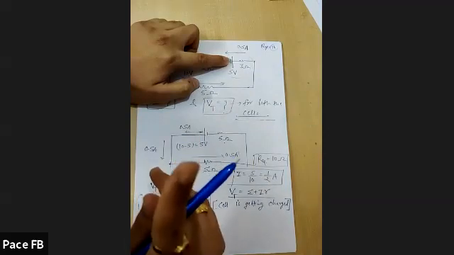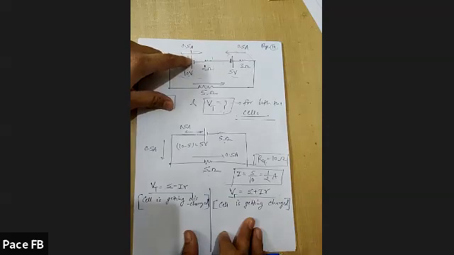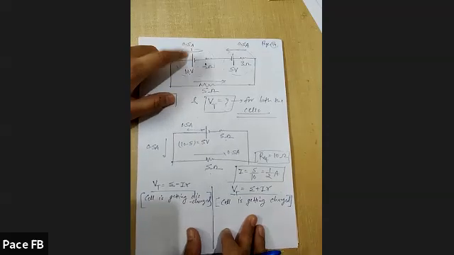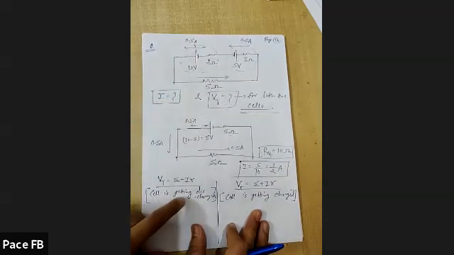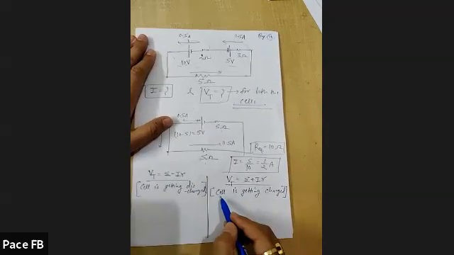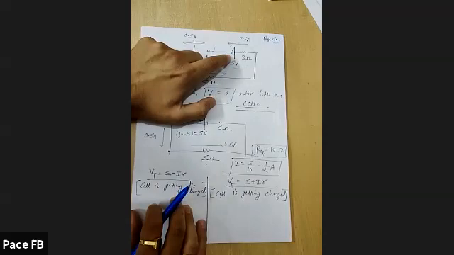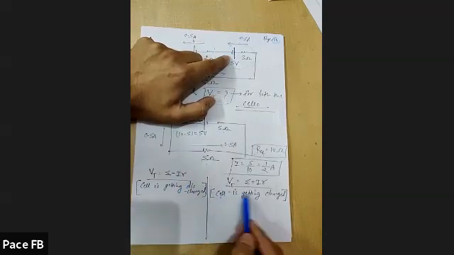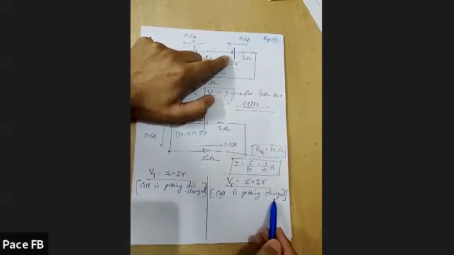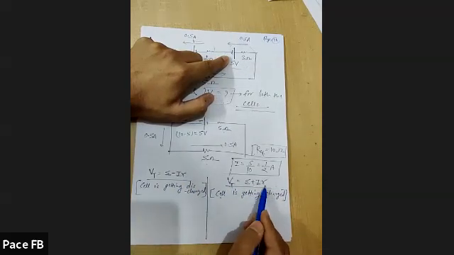Just remember, whenever current is leaving from the positive terminal, that cell is getting discharged, and the terminal voltage would be E minus IR. And when current is entering the positive terminal, that battery would be getting charged, and the terminal voltage across the cell would be E plus IR.